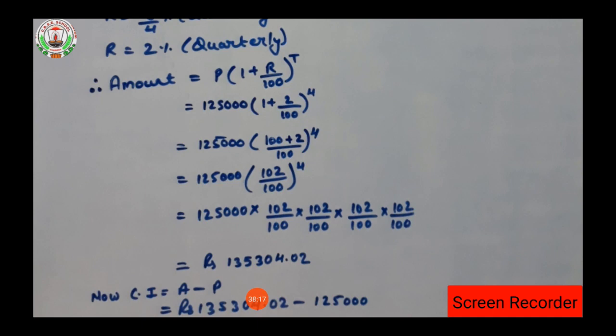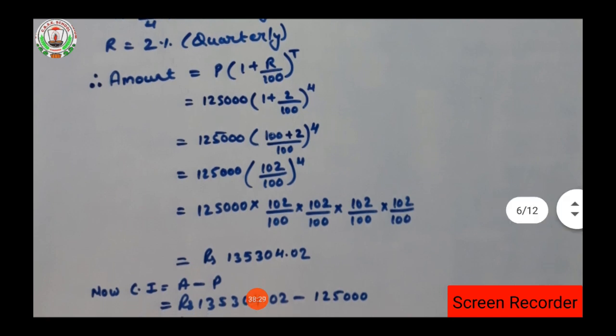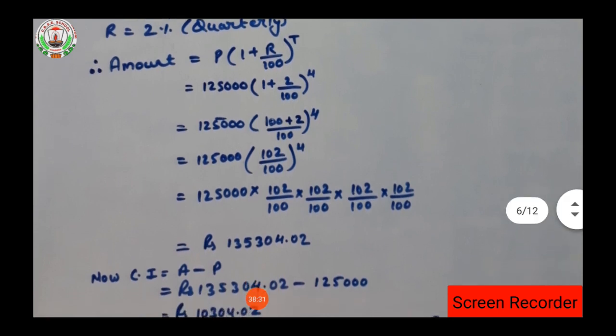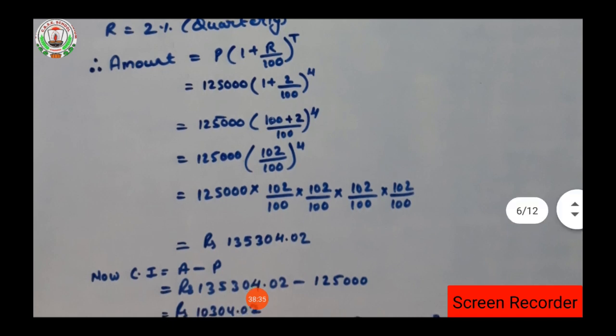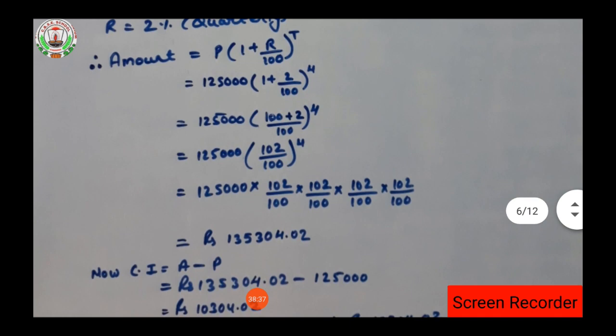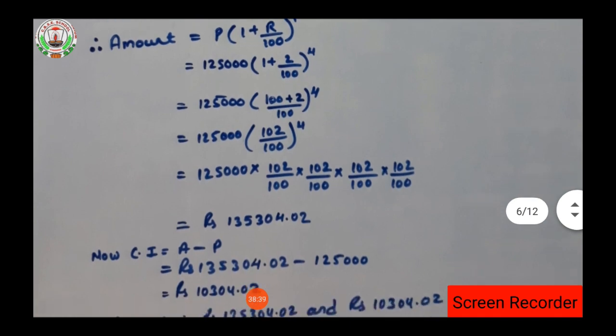So while solving, what number do we get here? 13,05,304.02. Students, try to cancel the numbers. First cancel all the zeros, then try to cancel by the table of 2. Then divide it. You will get this number. So compound interest is equal to amount minus principal.